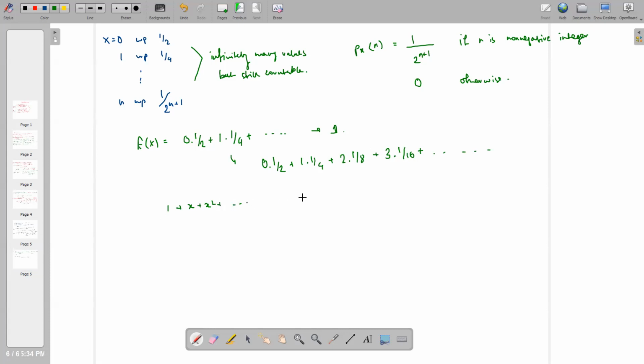So if you write this out, then this is essentially 1 by 1 minus x, right? Now differentiate this. Differentiating this, you get 1 plus 2x plus 3x squared and so on. And this is 1 by 1 minus x squared, right?